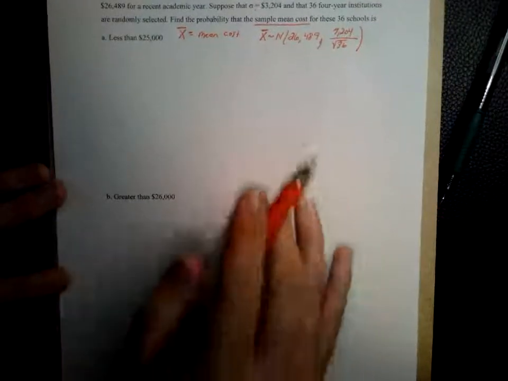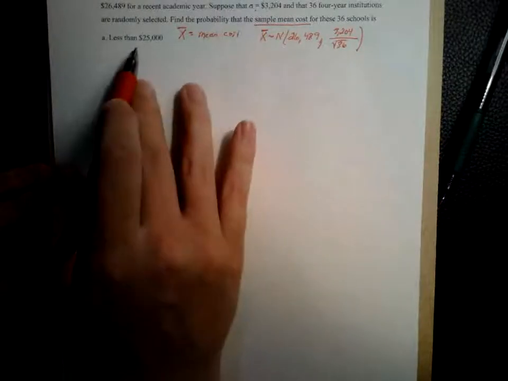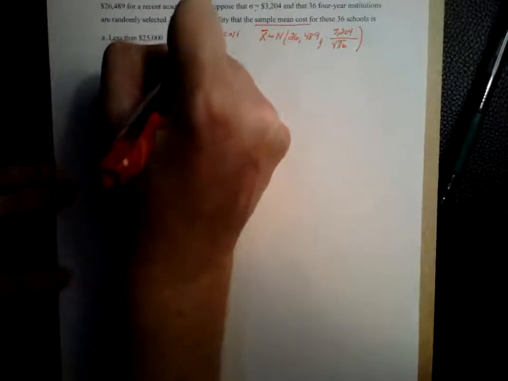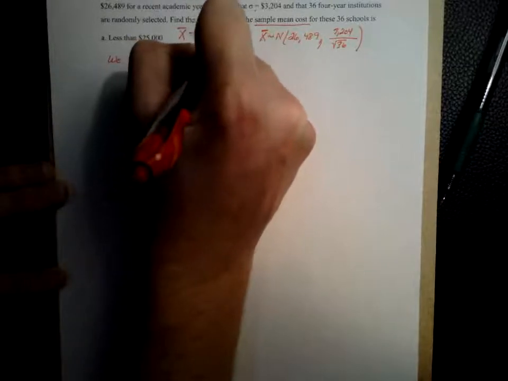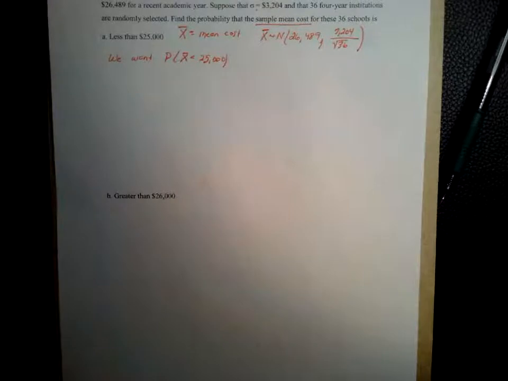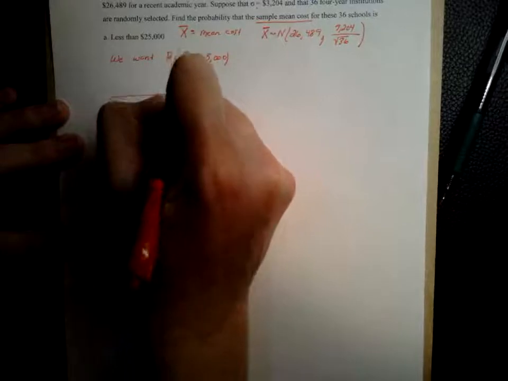Then let's look at this first part. Find the probability that the sample mean cost for these 36 schools is less than 25,000. That means we want the probability of x bar being less than 25,000. If we want to draw that out graphically, we can do that as well. Here you have the distribution of x bar.